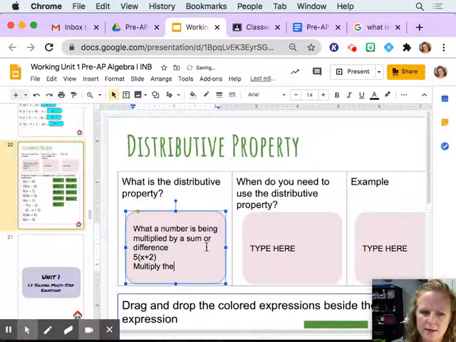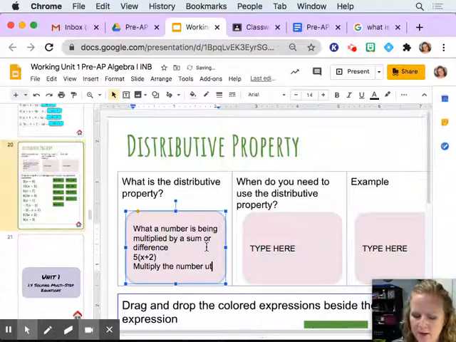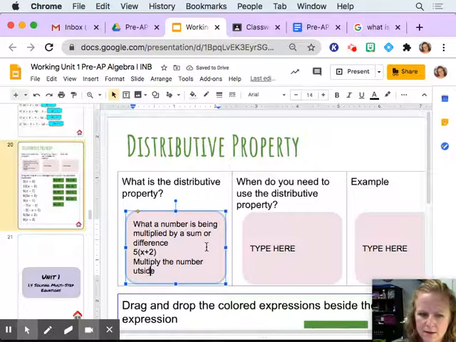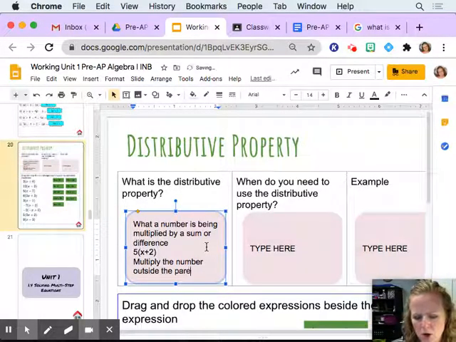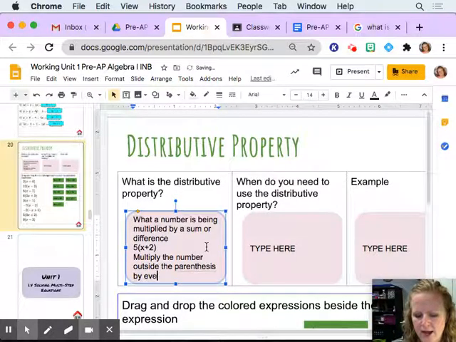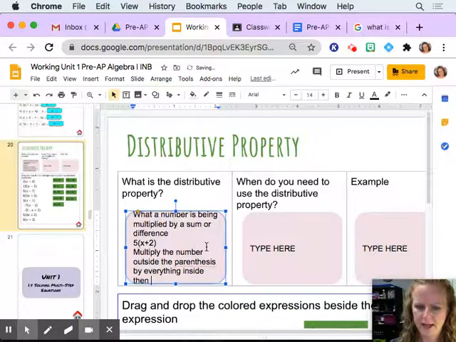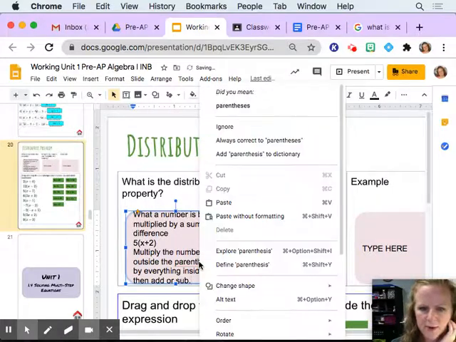Multiply the number outside the parentheses by everything inside. Then add or subtract. I didn't spell parentheses right.